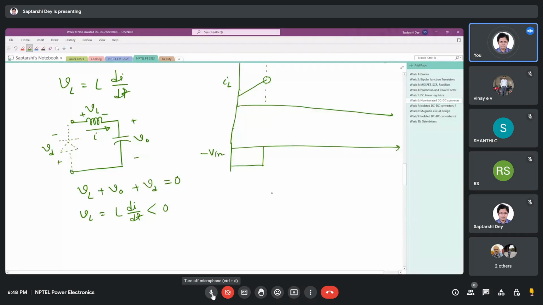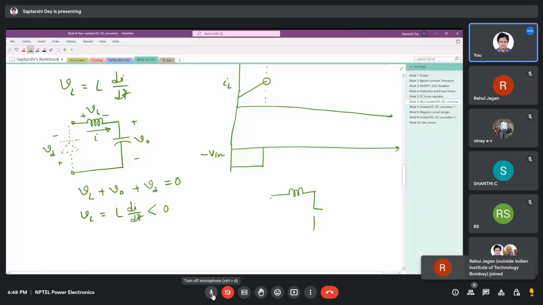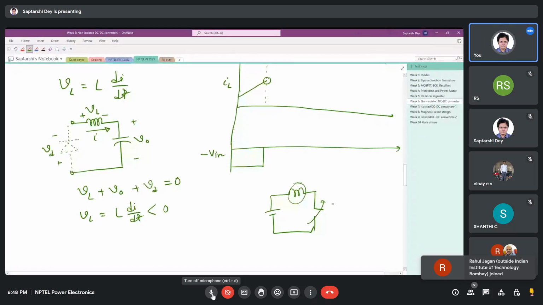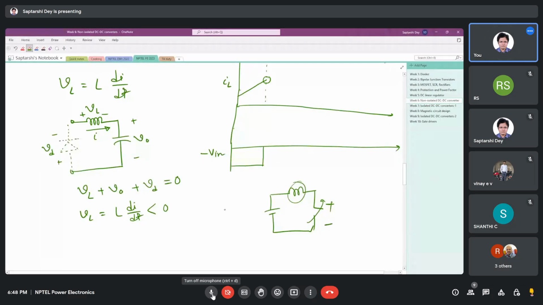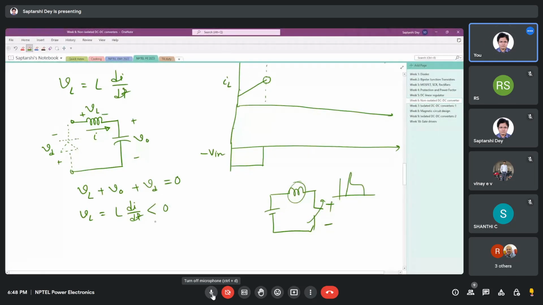We discussed this some time back, if you remember, that if I have an inductor and a switch, and I suddenly open the switch, the whole voltage comes across the inductor because of this L di/dt. This kind of waveforms we discussed. So this large voltage is coming and that is negative.